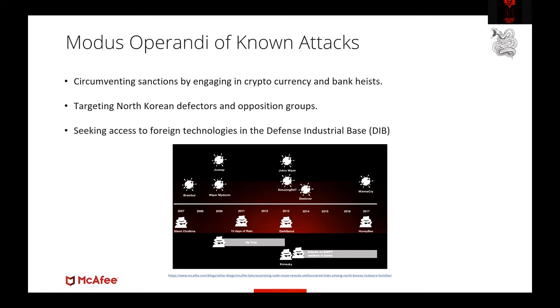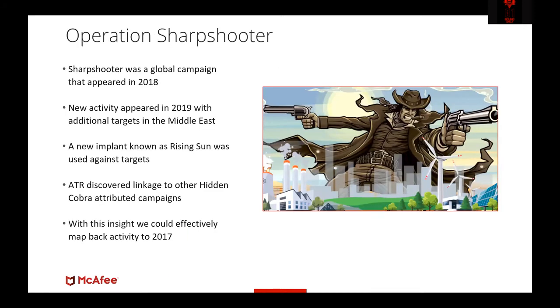We're also seeing that North Korean defectors and opposition groups here are being targeted. We're also seeing that, in previous campaigns, access to foreign technologies and the defense industrial base was being targeted. And so we're actually seeing a wide range of different things that have occurred over a period of several years in terms of changing of modus operandi.